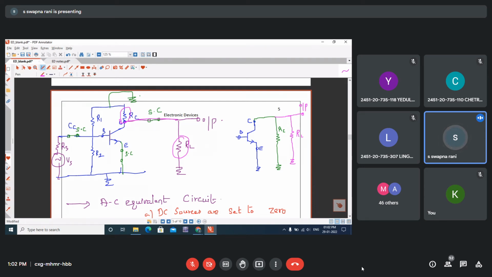Coming to the base, the position of R2 remains the same, initially connected between base and ground. One end of R1 is connected to the base and the other end is ground, so R1 also comes in parallel to R2, and the source will remain the same.